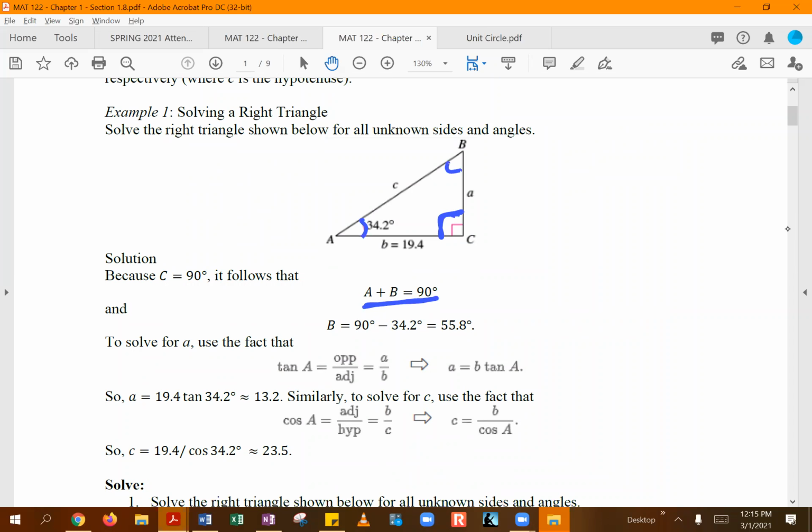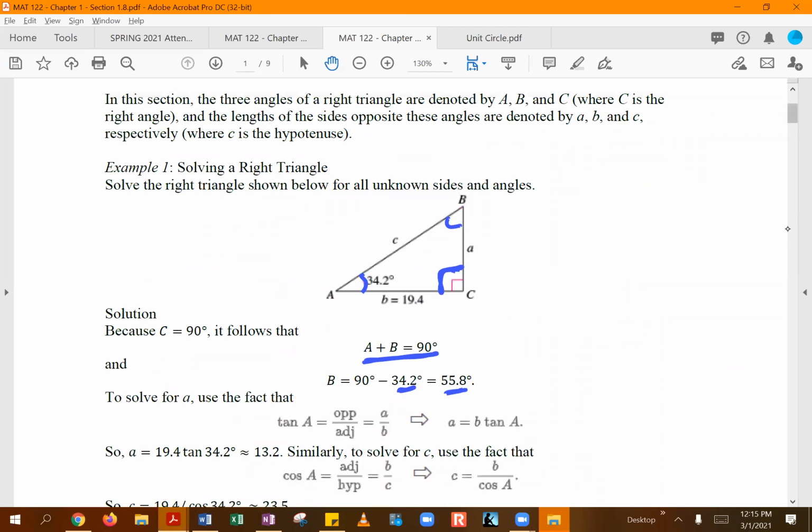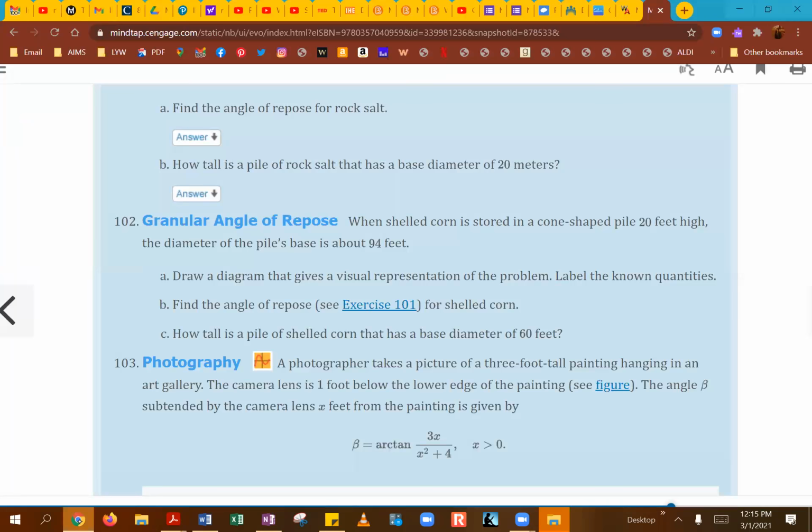So you can just take 90 degrees minus this angle of 34.2, and that will give you the missing angle. And then using our trig functions, we can come up with the missing sides because they are giving you one of the sides. So we should be able to find the missing sides by using the angle measurement and the given side.